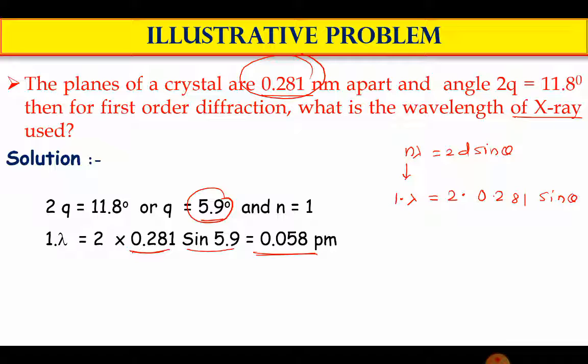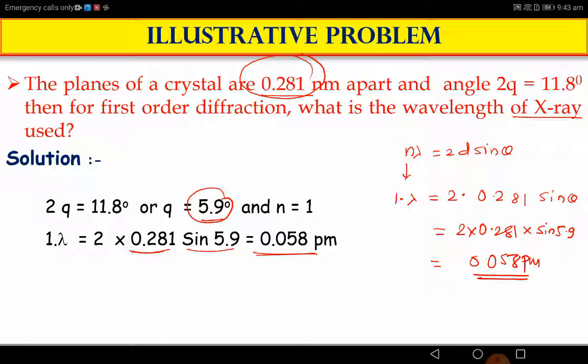So 2 into 0.281 into sin 5.9. If you solve this, you will get the answer 0.058 in picometer. So this is the actual wavelength of the X-ray. You can also convert it into nanometer. This is how X-ray diffraction is helpful to get the structures.